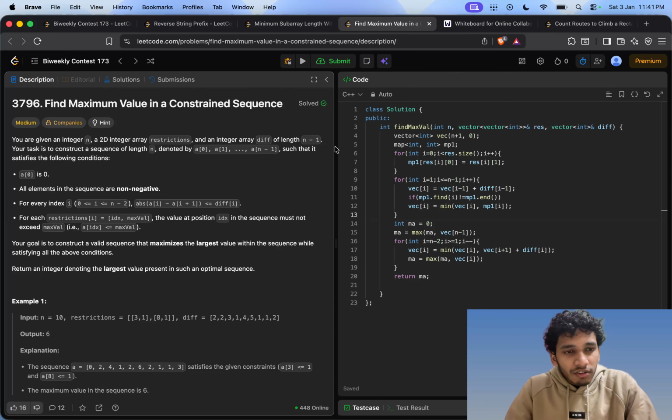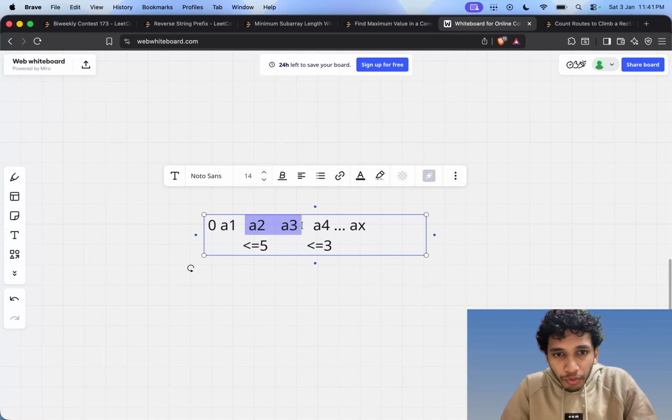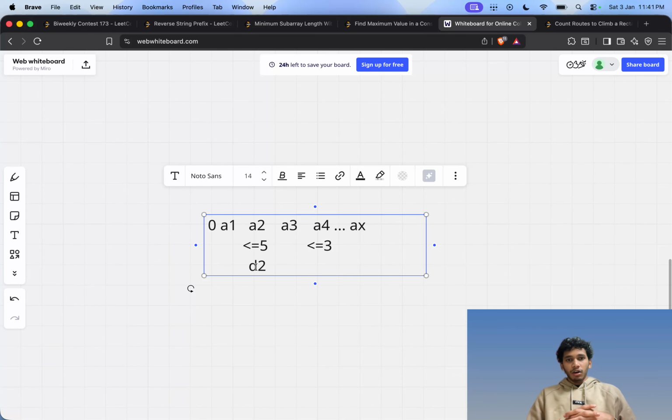The second condition is we are given a difference array, whose name is difference, not the data structure. So for consecutive indices, A2 minus A3, subtract them and take the absolute value. That absolute value should be smaller than or equal to D2, the difference array at 2.